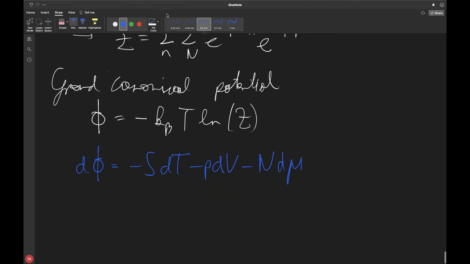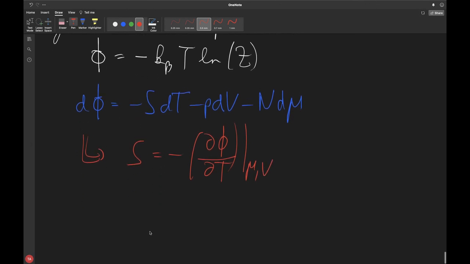And so we can again get the same kind of results, that we have the entropy calculated as the derivative of this Phi by the temperature, when we keep mu and V constant.